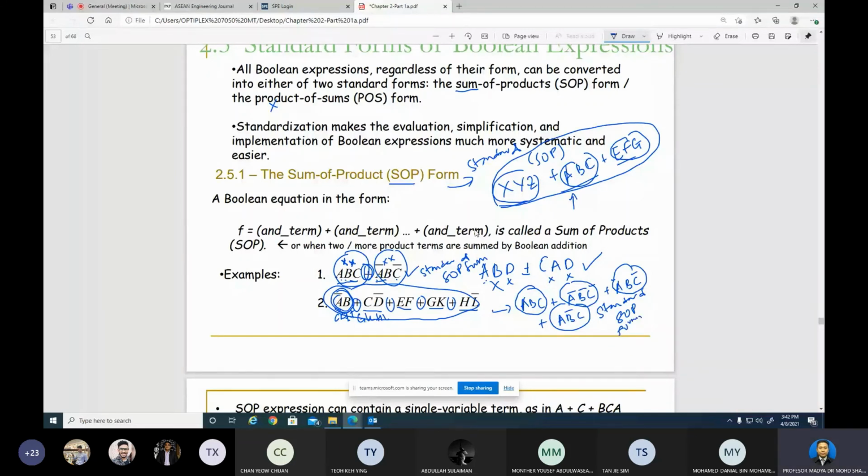For the non-standard SOP, how to convert it, I will explain after this.